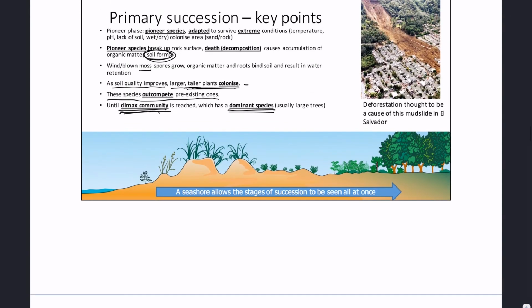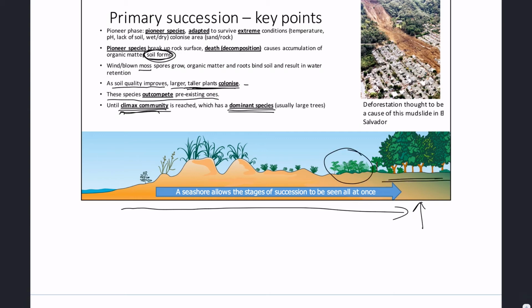Okay? And this diagram right here is very important because it allows you to see in one instant what the process of succession would have been in this particular location that now has trees. So what they're saying is if you came back 1,000 years ago, you might have seen this population in this area.